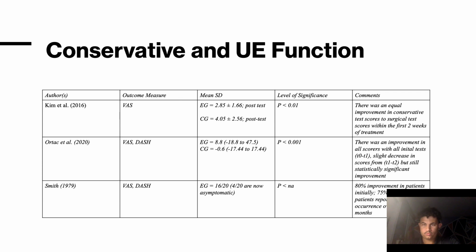But these 3 articles state that conservative treatment leads to better improvement in the upper extremity function and reduction of symptoms based off of these specific outcome measures when used hand in hand together.